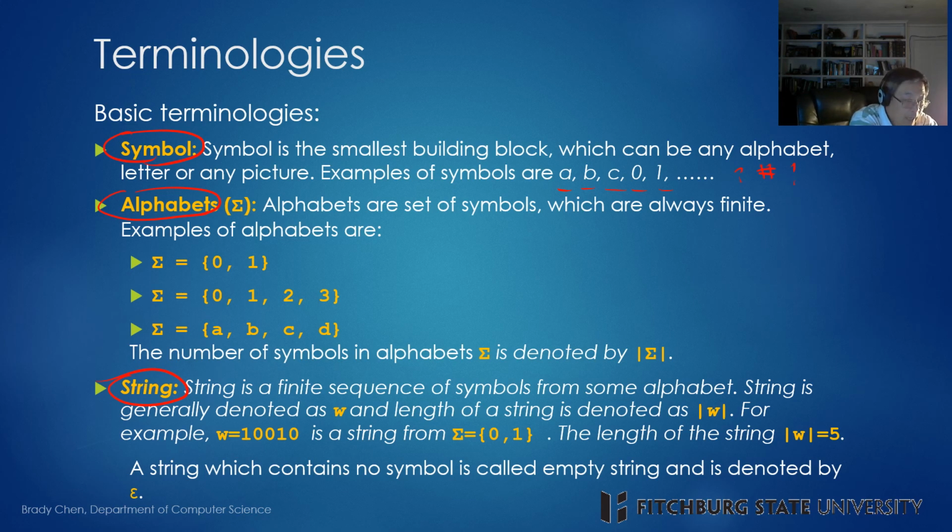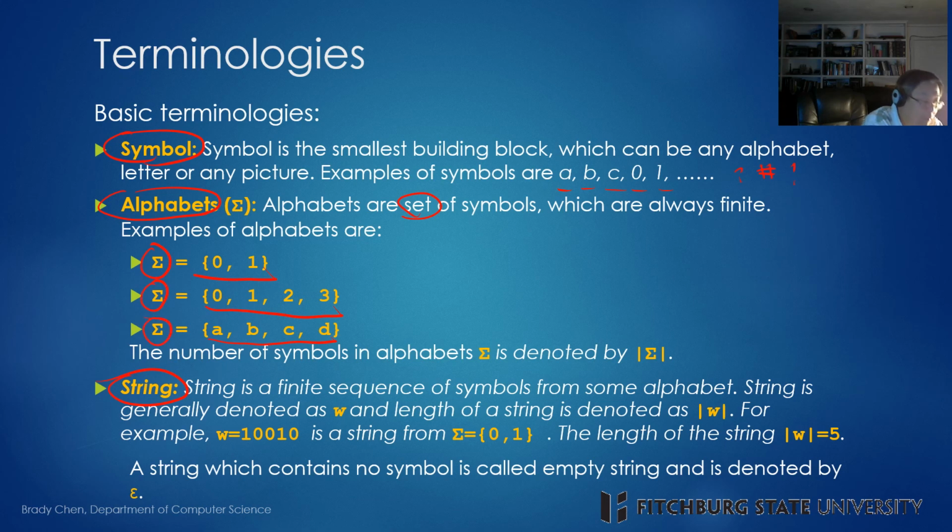Now, alphabets are sets of symbols. However, these sets are always finite. For example, we have an alphabet which consists of two symbols, 0 and 1. Or we can have 4 symbols, 0, 1, 2, 3, or another 4 symbol set, A, B, C, and D. Alphabets are typically represented by the Greek letter sigma.